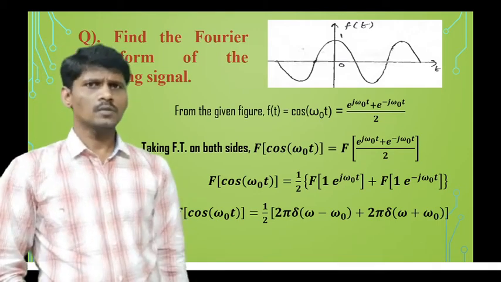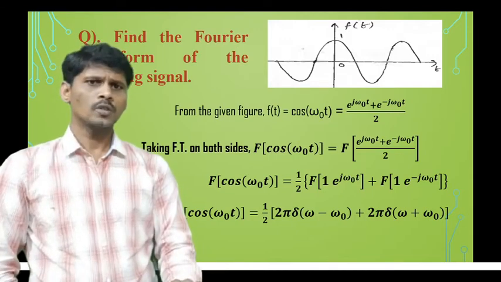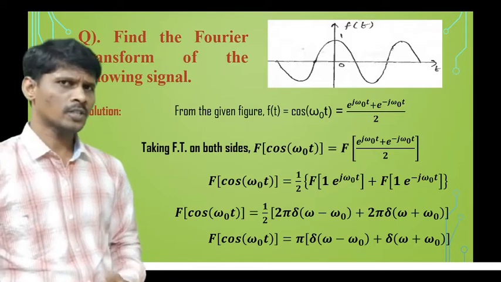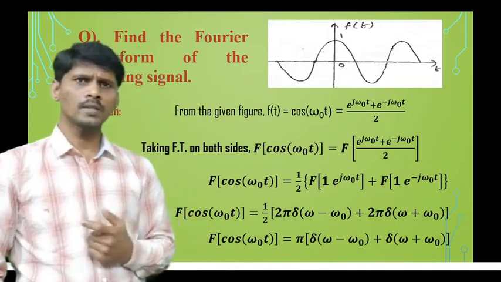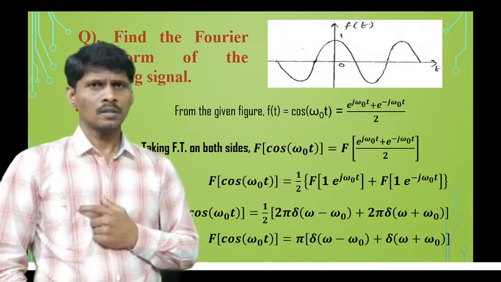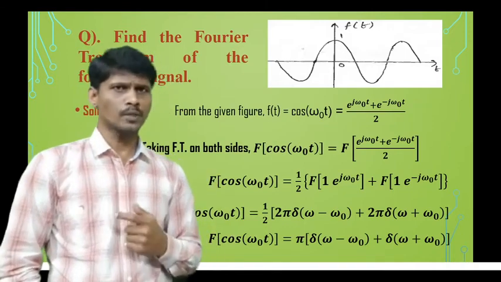In both terms 2 pi is common, so take the common 2 pi. The 2 in the numerator and denominator cancels. The resultant expression is pi into del of omega minus omega naught plus del of omega plus omega naught. After that, draw the graphical representation of the Fourier transform of the given waveform.